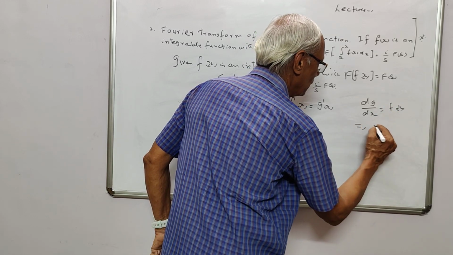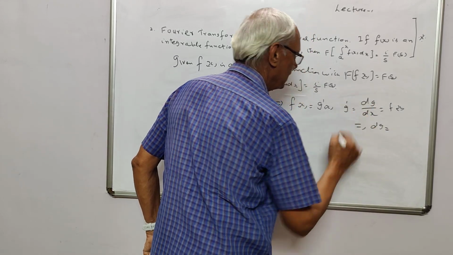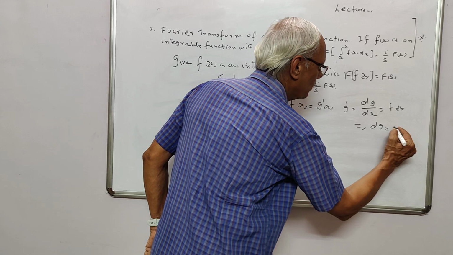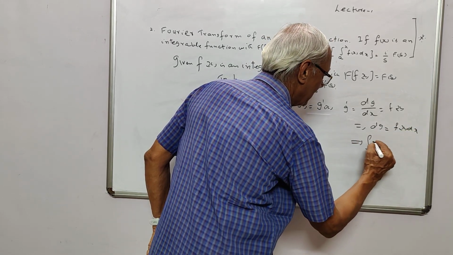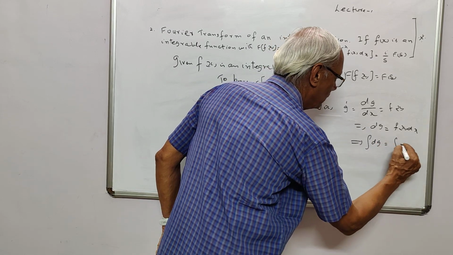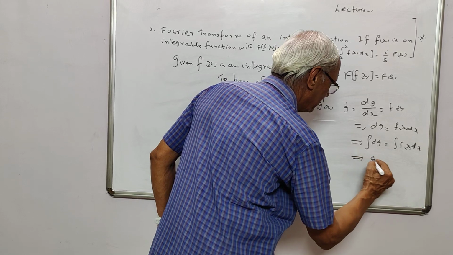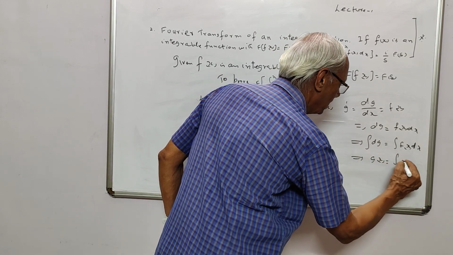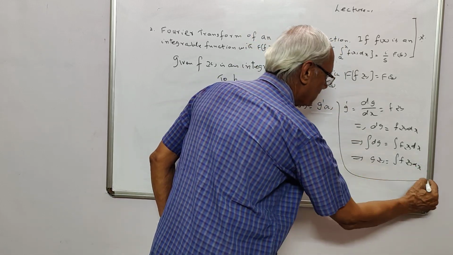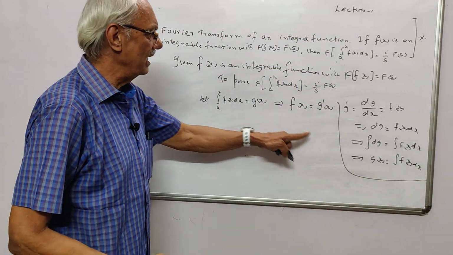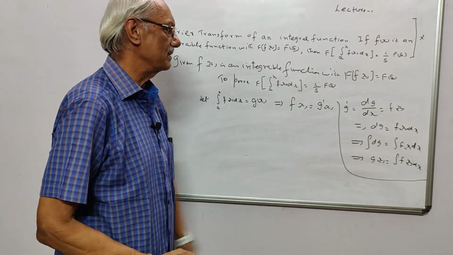This implies that dg is equal to f of x into dx. So integral of dg is equal to integral of f of x dx. This implies that g of x is equal to integral of f of x dx. See, this is how it works. Therefore, I am writing this as g dash of x is equal to f of x.